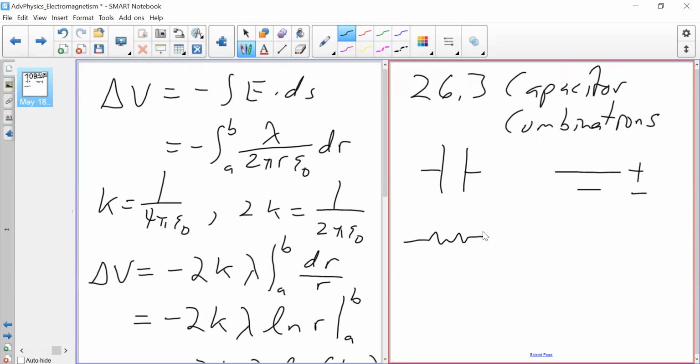Resistors are going to look something like that. So those would be resistors, capacitors, batteries, and that's what we're going to be dealing with mostly until we get to about chapter 30, 31, somewhere in there. We'll get into inductors, and the symbol for that would be something like this, and so on. So when we draw our circuits, we have to keep these symbols in mind so we can represent them properly.